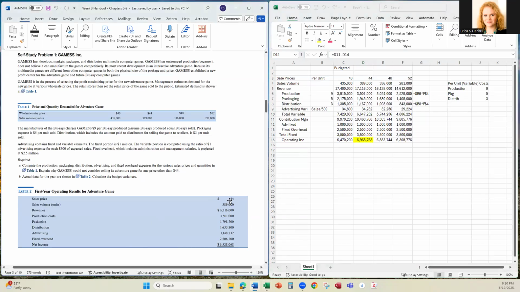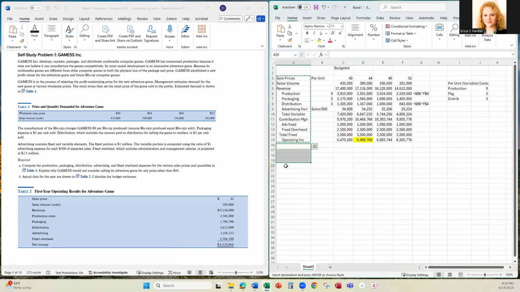And so they want us to do a budget to actual comparison here, right? So I'm going to take this and I'm going to just copy this column down here. And if you recall in class, I did the actual, and here we could have a static budget.